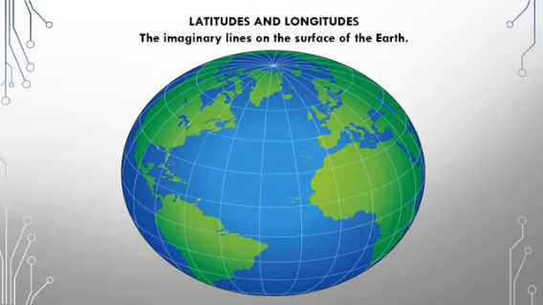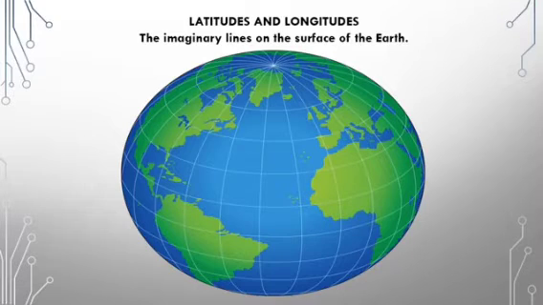And these latitudes and longitudes together form a network. And this network is called grid. What is grid? A network formed by latitudes and longitudes is called a grid.